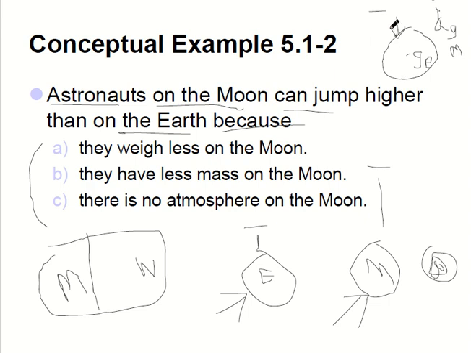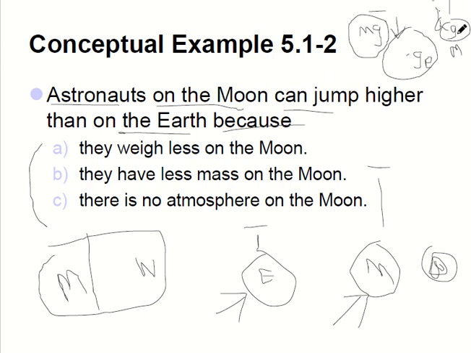So you're going to come down with a velocity, and your acceleration points towards the core of the Earth. This is your weight, and here you can go up higher because this gravity is small.